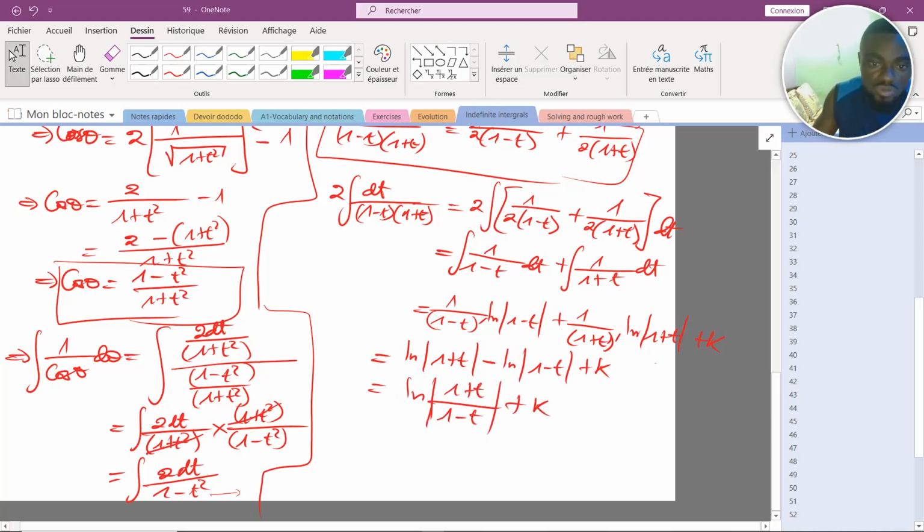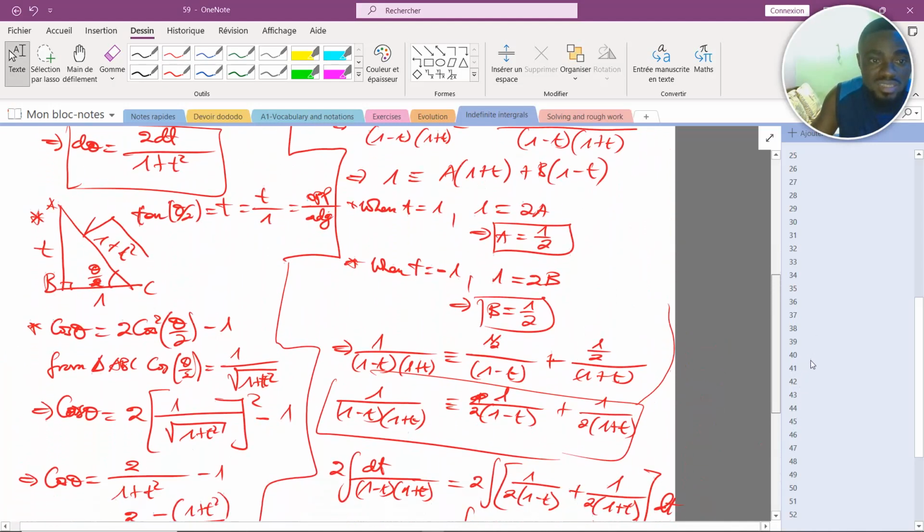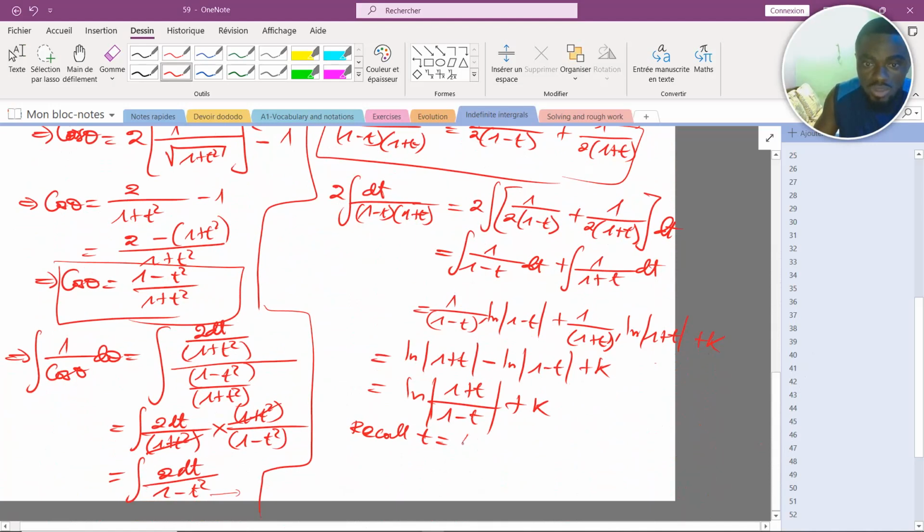But remember, recall that our t was equals to tan theta on 2. So this implies the integral of 1 on cos theta d theta will be equals to, where we see t we replace it by tan theta on 2.